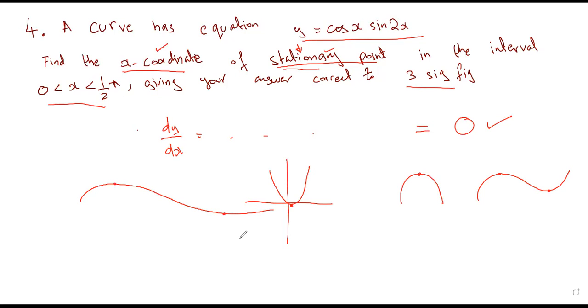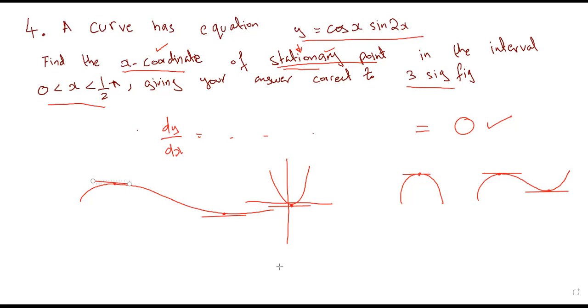Even if you are not understanding it this way, this is a very popular question. Just know that at a stationary point, if you draw a line, it would be a horizontal line, and a horizontal line means that the derivative would be zero. I'm trying to draw it on the points, but all these are horizontal, right?